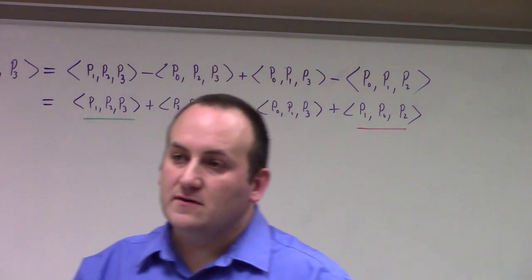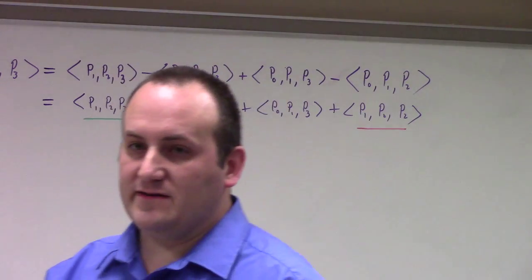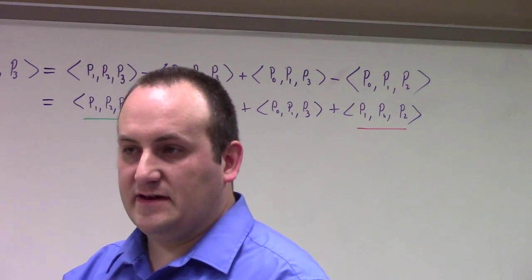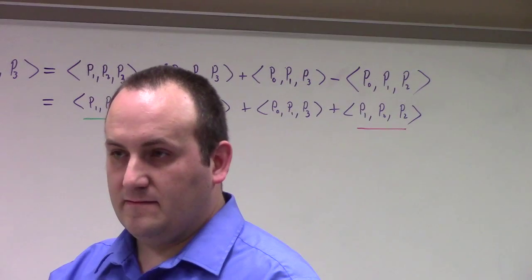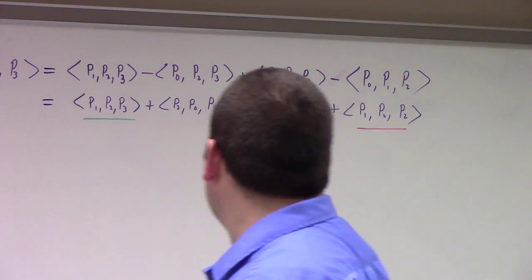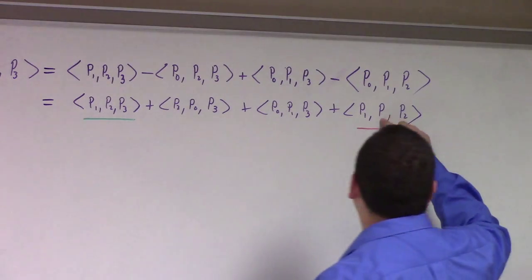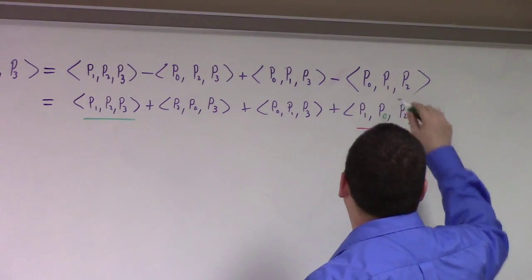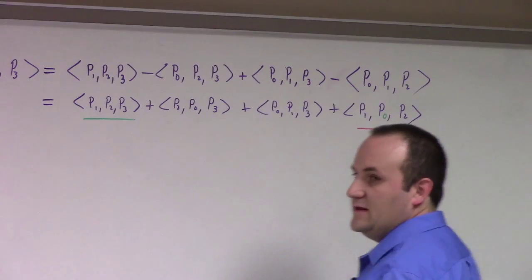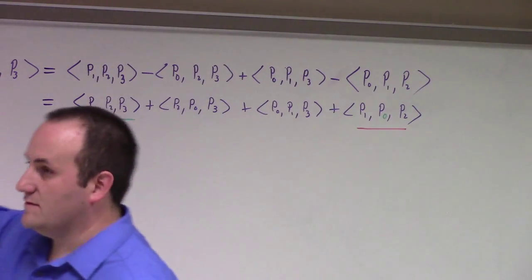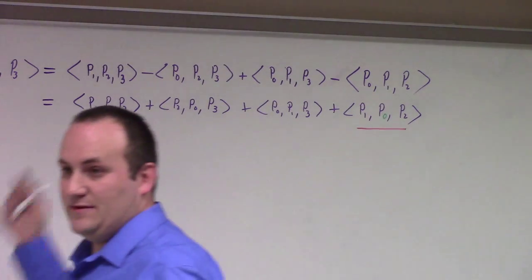These will all give you the inward pointing orientation for the 4 faces of the tetrahedron. Well, I have 1, 0, 2, but that's an even permutation to get to this, or you could just write it as that. Whichever way you want to look at it.